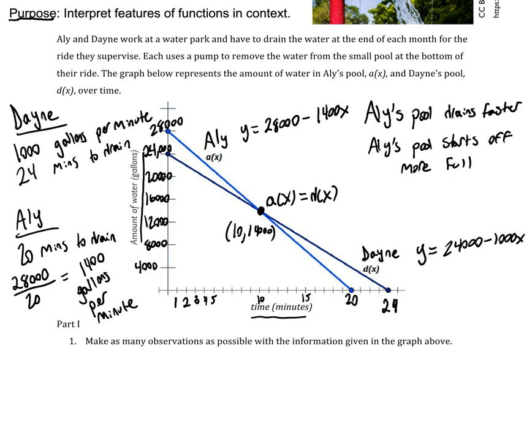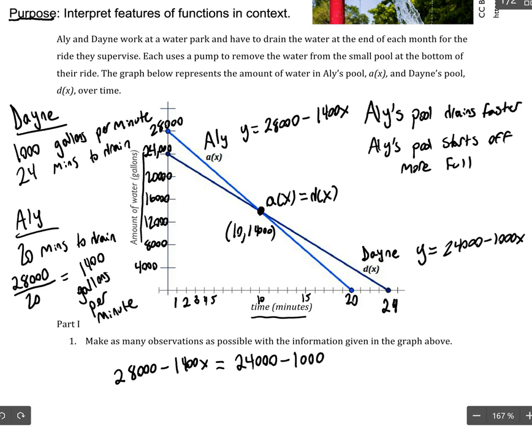So we're really talking about solving the equation 28,000 minus 1,400x equals 24,000 minus 1,000x. So we could add 1,400x on both sides, and at the same time subtract 24,000 on both sides of the equation. And so those will cancel out, and I will get 400x equals 4,000.